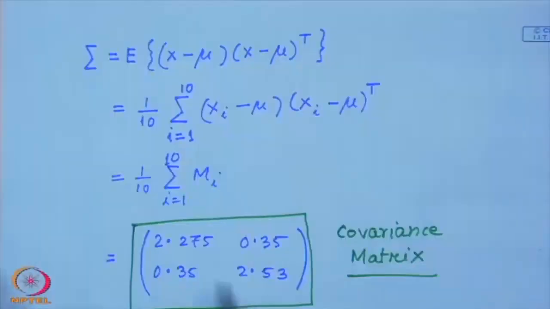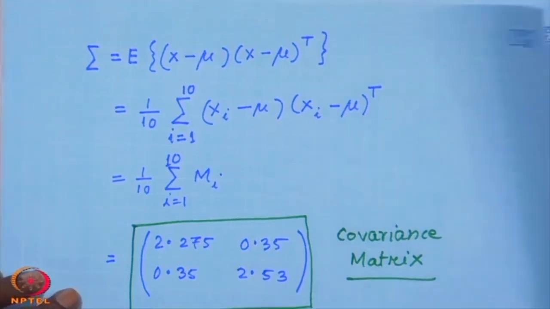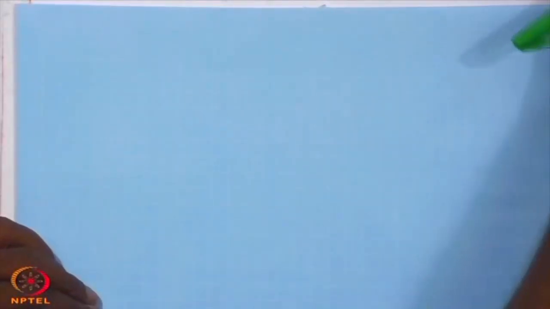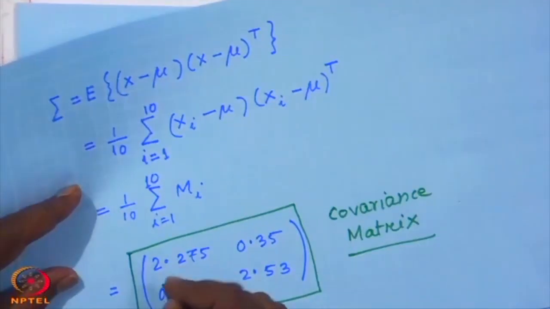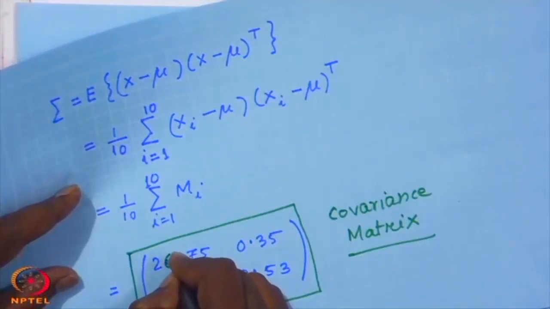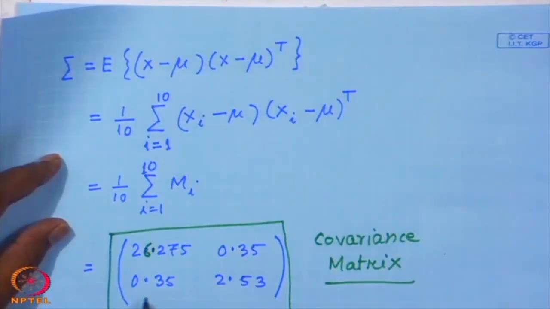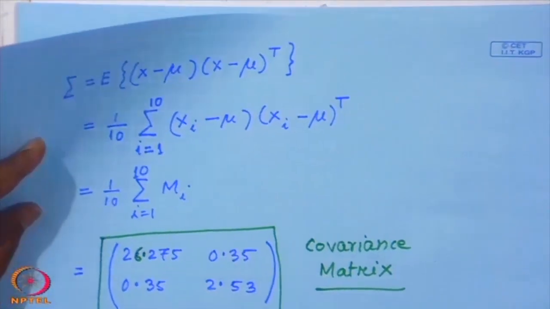You all know that if lambda is an eigenvalue of this matrix, I can find lambda by using this equation. This is 26.275, not 2.275, then 0.35, 0.35, then 2.53.